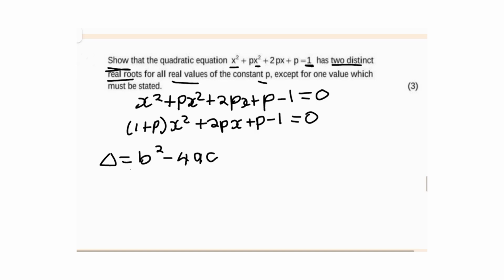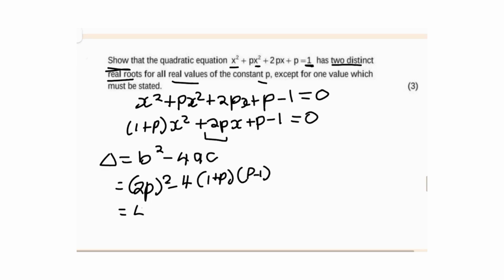So now we are going to substitute our a, b and c. b is 2p, squared, minus 4, a is 1 plus p, c is p minus 1.